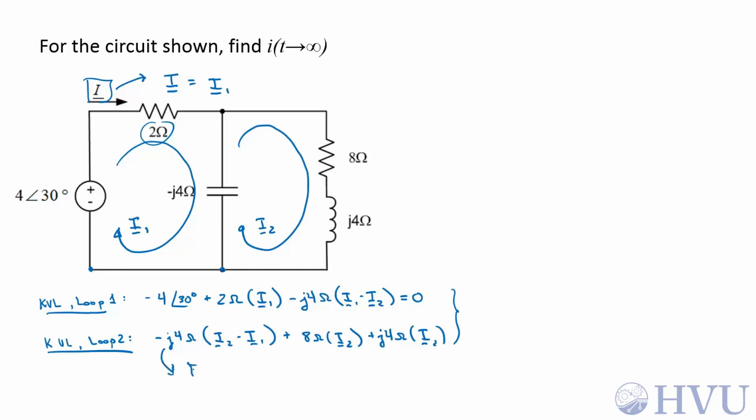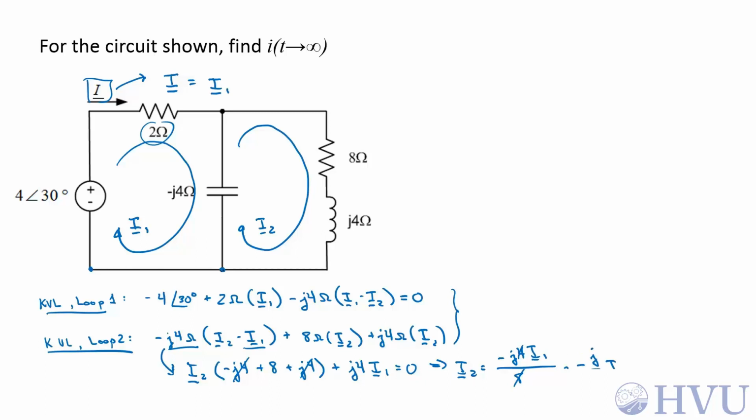So loop 2 becomes I2 times a minus j4 ohms plus 8 plus j4 ohms, plus minus j4 ohms times a minus I1, which is going to be plus j4 times I1. That equals 0. If I solve this, then I2 is going to be minus j4 times I1 over 8, since the j4s cancel, so I2 is going to be, let's see, that's 1/2 minus j over 2 times I1.